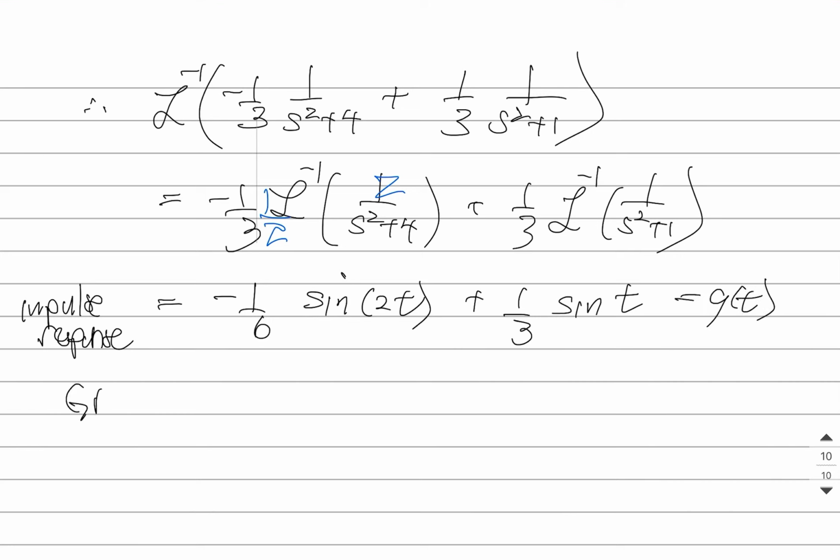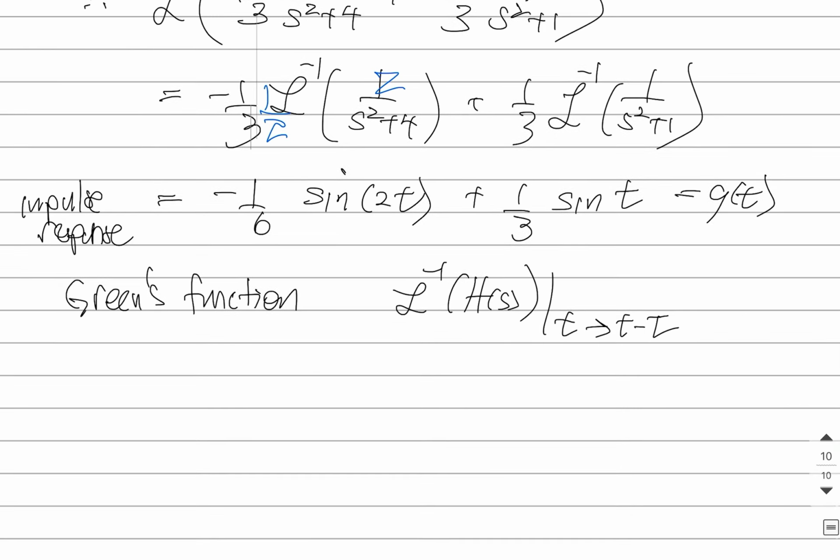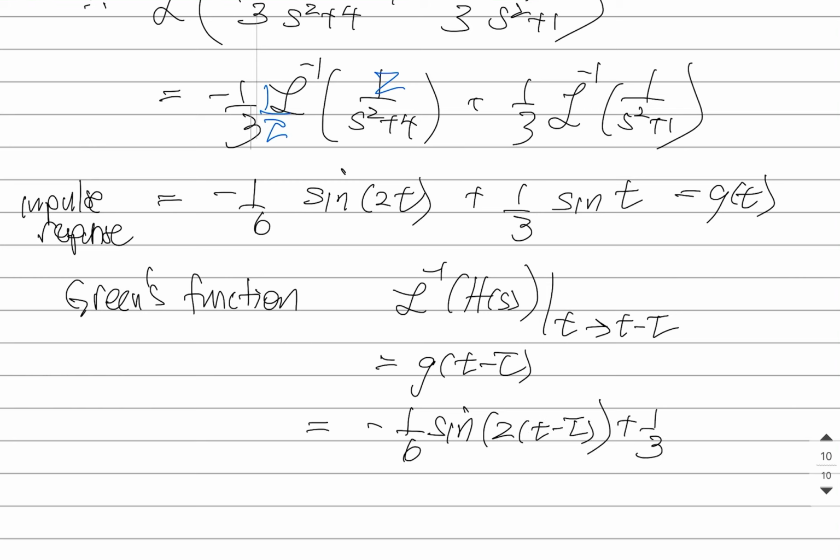The Green's function is then the impulse response shifted to time t minus tau. Simple matter. t minus tau. What you end up getting is negative 1/6 sine of 2(t minus tau) plus 1/3 sine of (t minus tau).